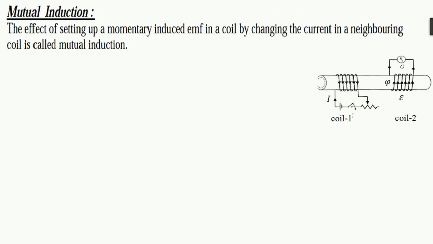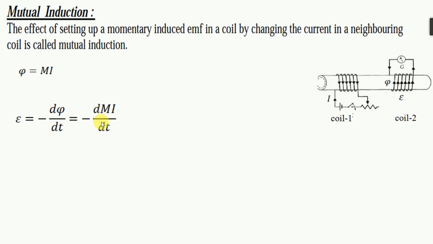So let's summarize the video. Mutual inductance means the production of induced EMF by changing the current in another coil, and the formula is flux is equal to Mi and induced EMF is minus d phi by dt.